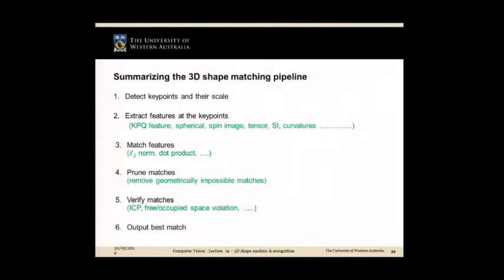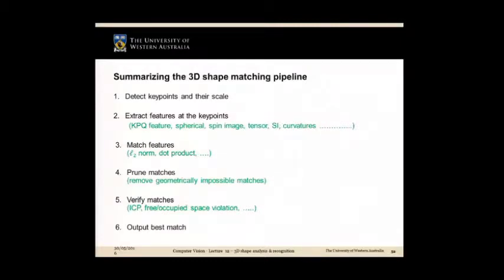So you have features from a 3D model and features from a scene, and you match those features. You can use L2 norm, dot product, or cosine to find the similarity between the features. If your similarity score is very high, you say we have actually recognized the right object.